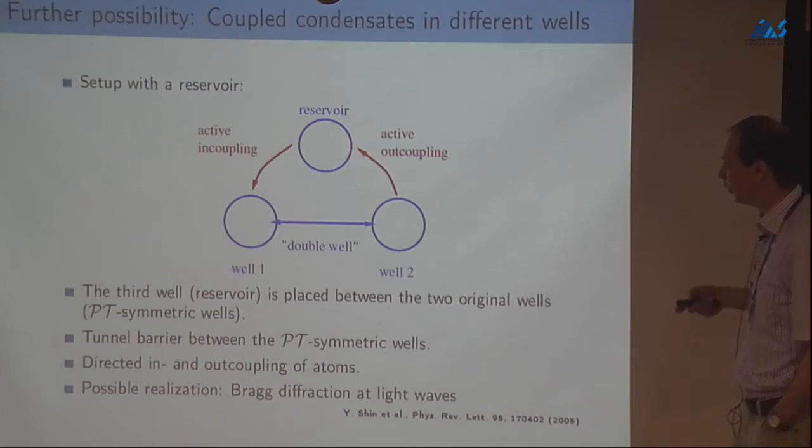So in principle, it should be possible with such a procedure to give some active coupling, some active driving of the atoms in such a manner. But as I said, I will not look further at this. I will only look at some incoupling and outcoupling of the wave functions.